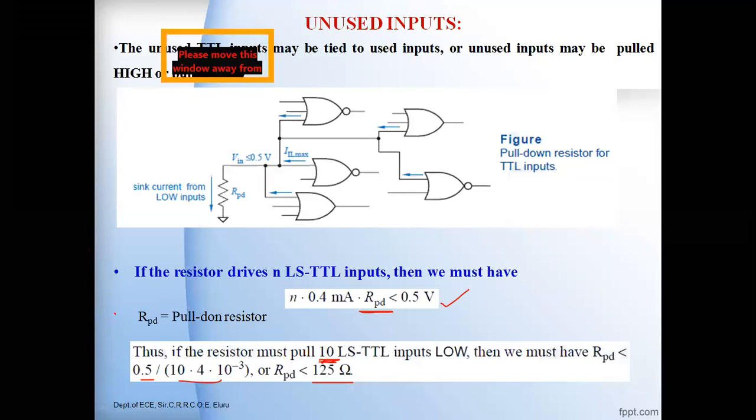Of course, there are other characteristics which are similar to those of CMOS logic, but these are the main characteristics that affect TTL operation: DC logic and noise margin levels, fan in, fan out, and the unused inputs. That's why we have discussed these as the characteristics of the TTL or BJT bipolar logic family. So this is all about the characteristics of bipolar logic.